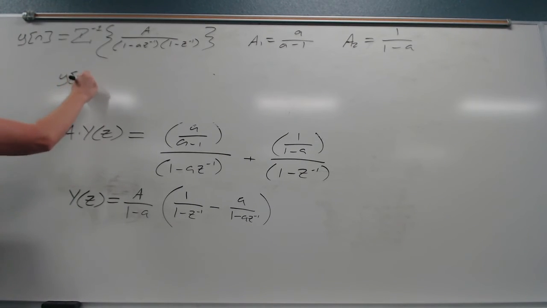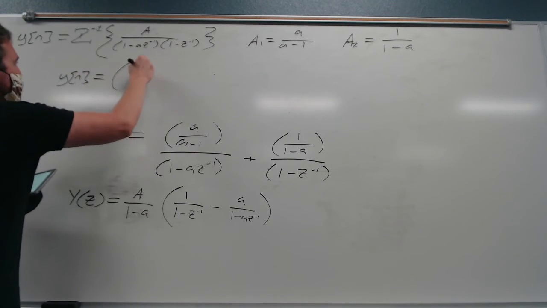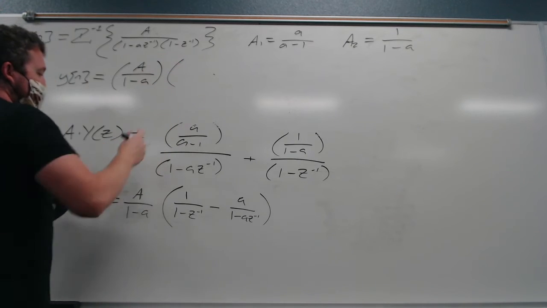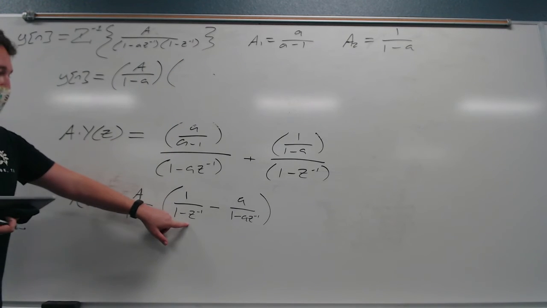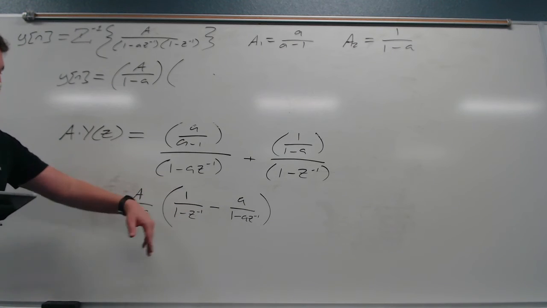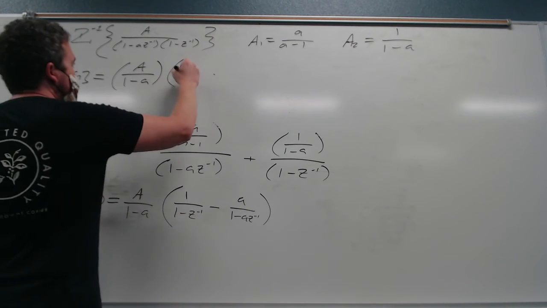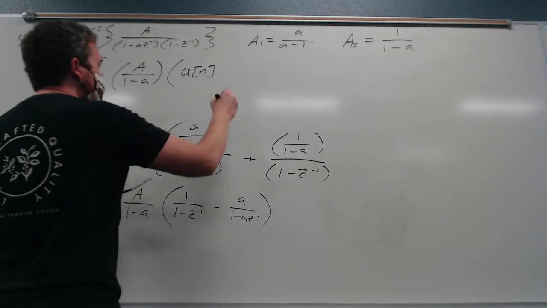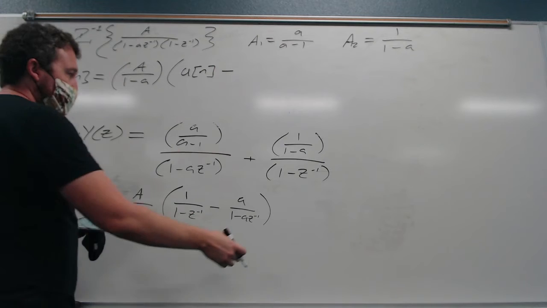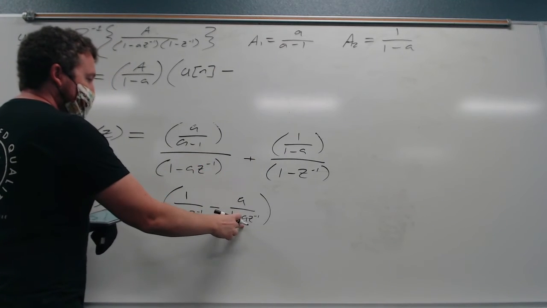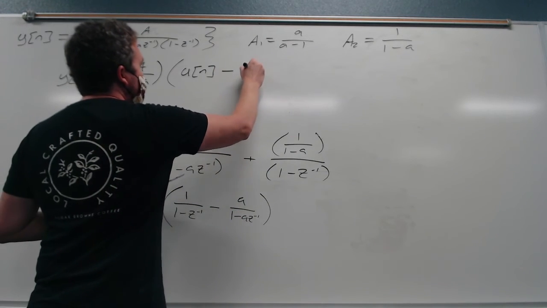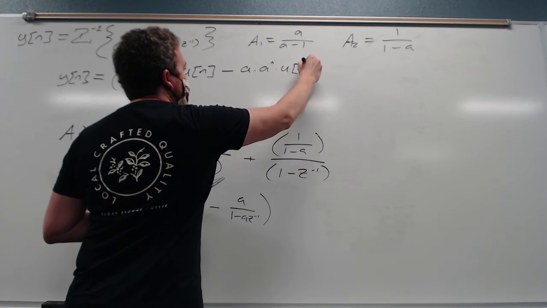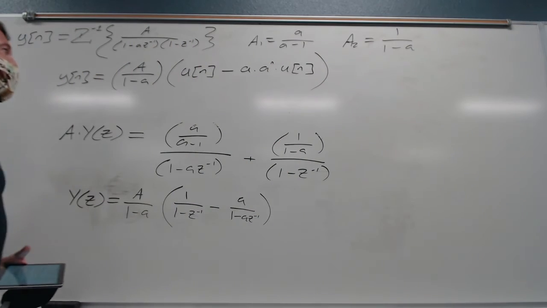So y of n is equal to whatever this is, big A over 1 minus little a, times the inverse z transform of 1 over 1 minus z to the negative 1, which is just u of n from the table, and that's going to be minus, well, a over 1 minus a z to the negative 1 is going to be a times a to the n times u of n.